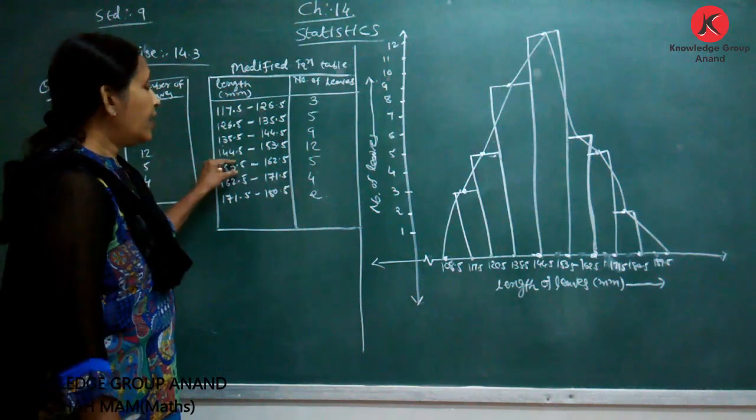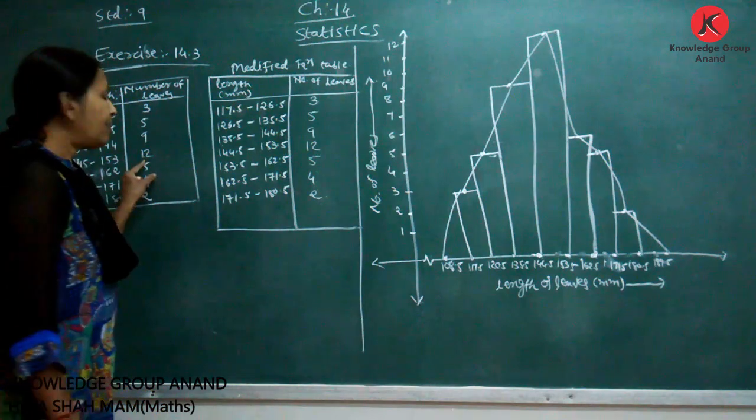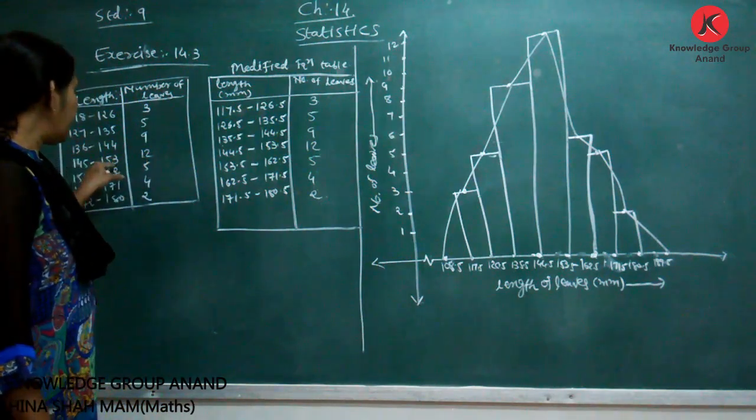Question number 3. Do the maximum number of leaves have length 153 millimeter?